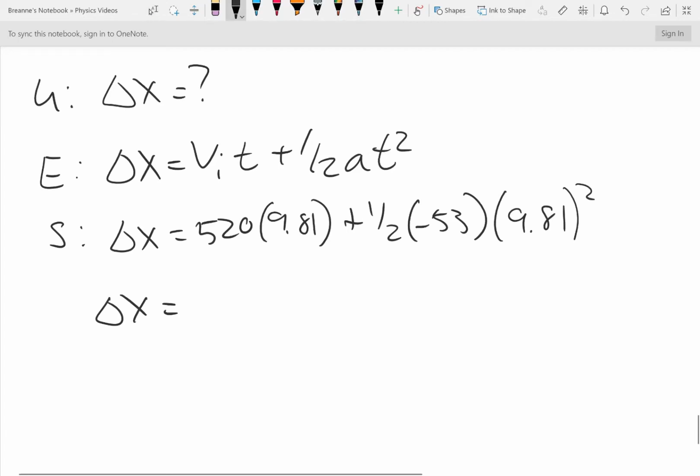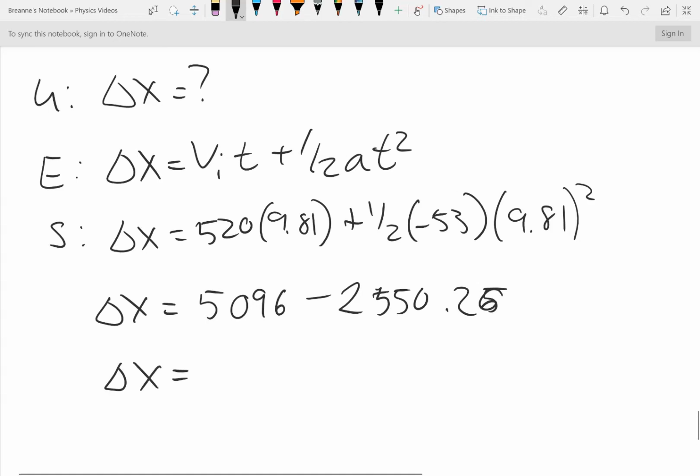So you do 520 times 9.81, and you get 5,096. That's going to be subtracted by, you do 9.81 squared times 53 times 1/2, and you're left with 2,550.26, and then you just subtract those two numbers.